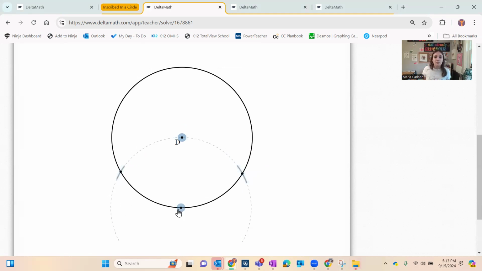Then you're going to move your compass. Your compass is now going to stay the same radius width throughout the entire problem. And I'm going to move my compass to one of the intersection points. I'm going to move it around counterclockwise, and I will strike an intersecting arc about 60 degrees away.